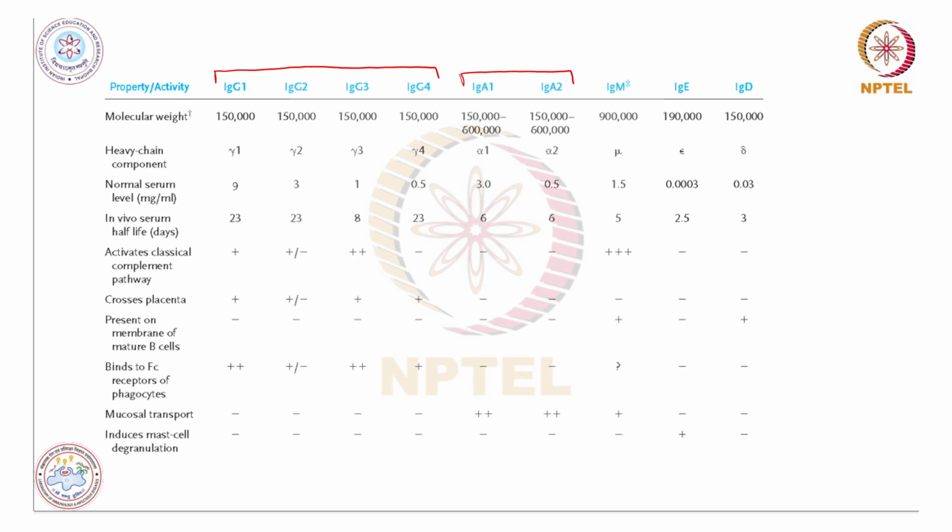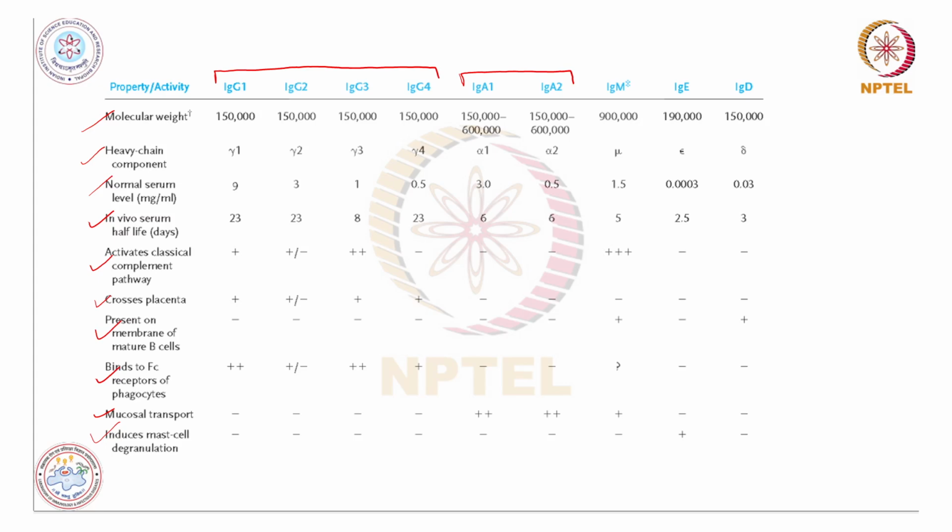So their molecular weight, their heavy chain component, their normal serum level, their in vivo half life, and their ability to activate the complement pathway, whether they can cross the placenta or not, and their presence on the membrane of mature B cells, and whether they can bind to Fc receptor for phagocytosis, their mucosal transport, and whether they can induce mast cell degranulation or not. Their properties are mentioned here, so you can check it out from here.